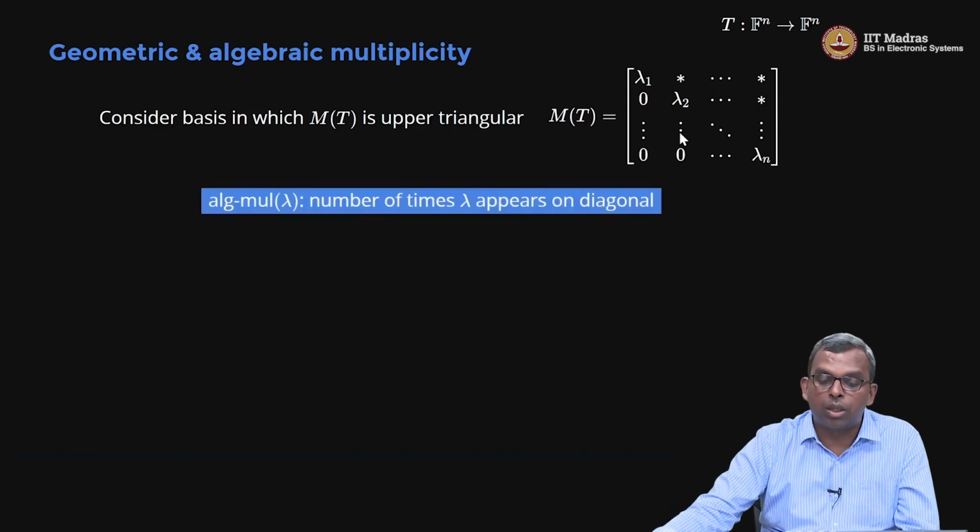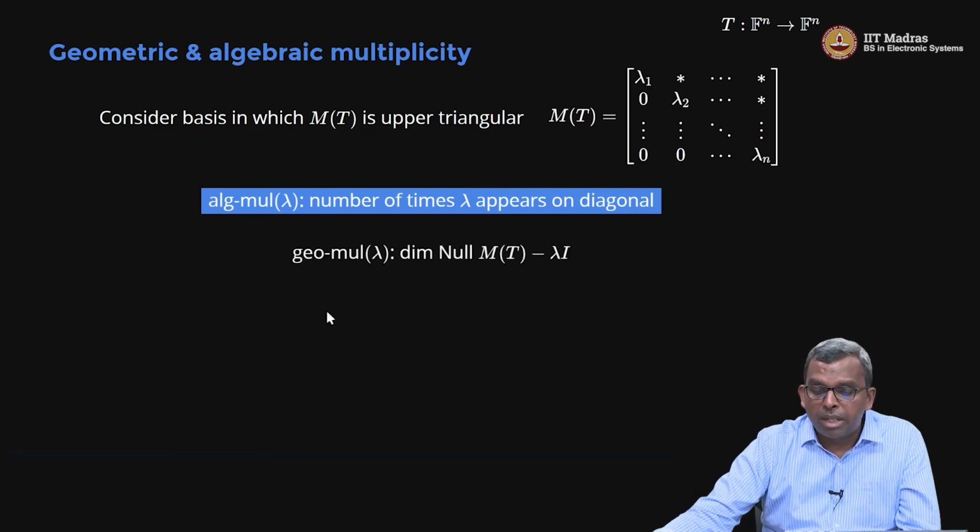Now, here is the crucial thing. The algebraic multiplicity of lambda is the number of times lambda appears on the diagonal. If the algebraic multiplicity is 1, your lambda will appear only once on the diagonal. If it is 2, it will appear twice, etc. Now, what is geometric multiplicity? It is the dimension of the null space of the matrix of T minus lambda I, right? So I have to subtract lambda, the corresponding lambda that I have here on the diagonal.